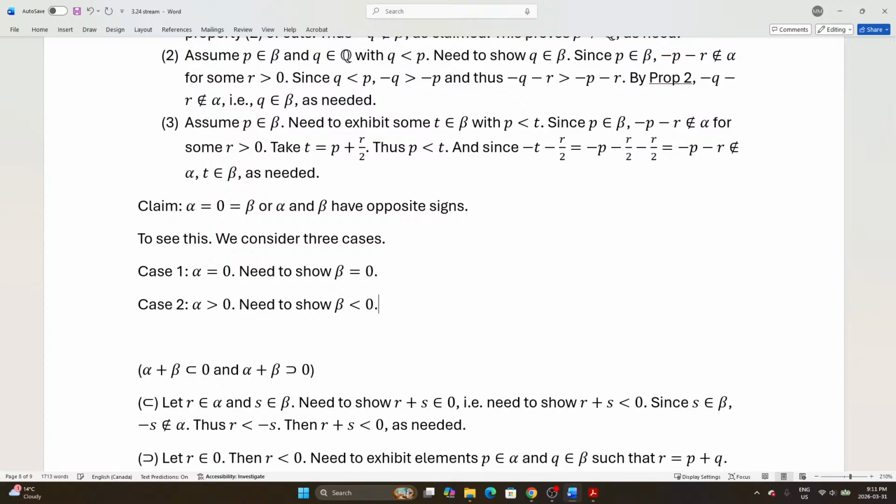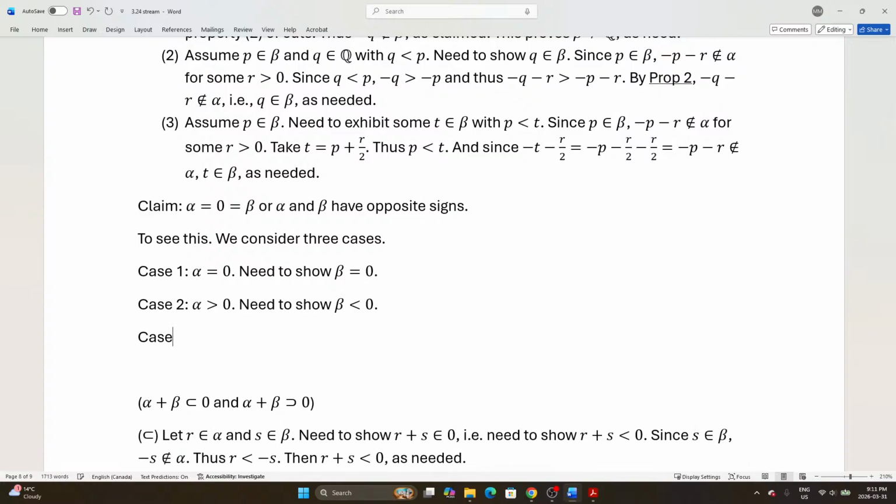Okay. Case 3, alpha is negative. Need to show beta is positive. Okay. So let's do the first one.